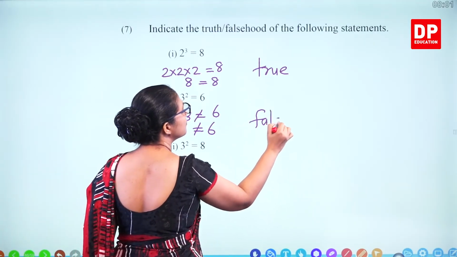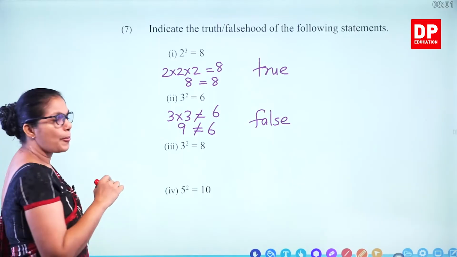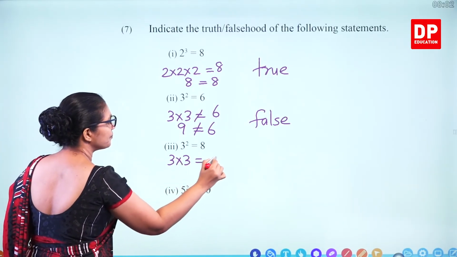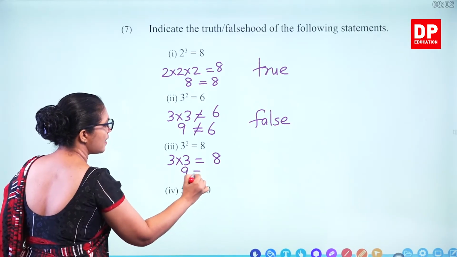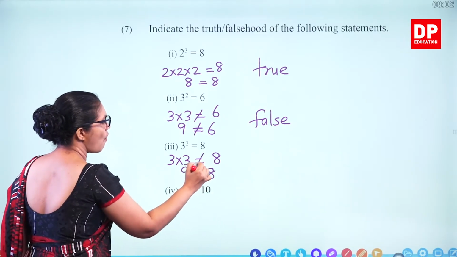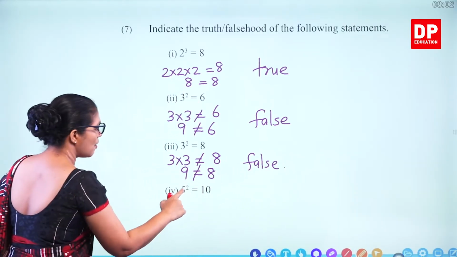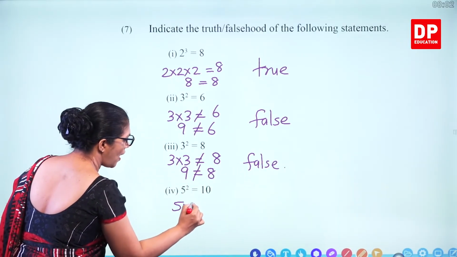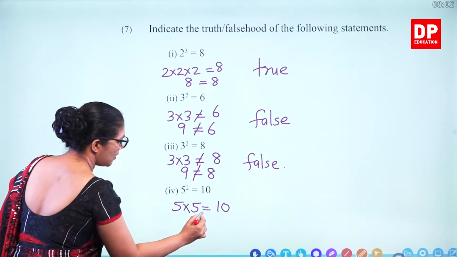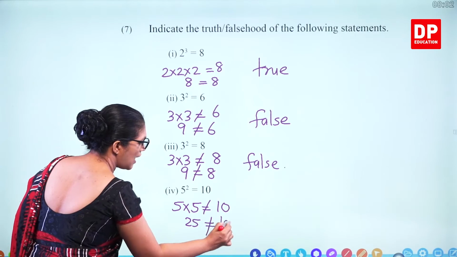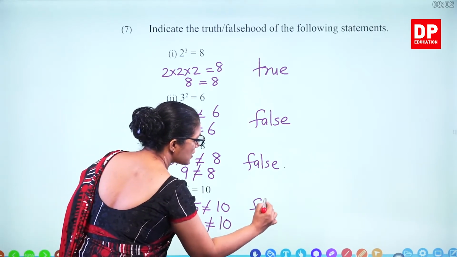False. 3 squared, 3 times 3, 9. 9 is equal to 8? Wrong. That's false. 5 squared, 5 times 5. That's 25. 25 is not equal to 10. That's also false.